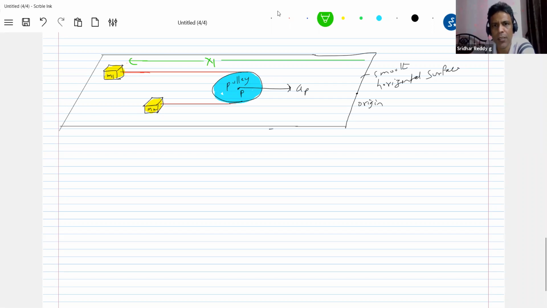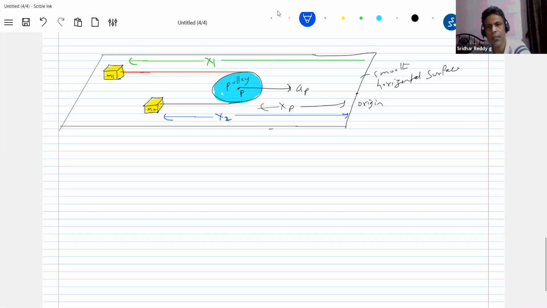So the position of the pulley XP and the position of this block. Can I define things like this? So I'll define all the quantities with respect to some origin. That origin is what I picked up.